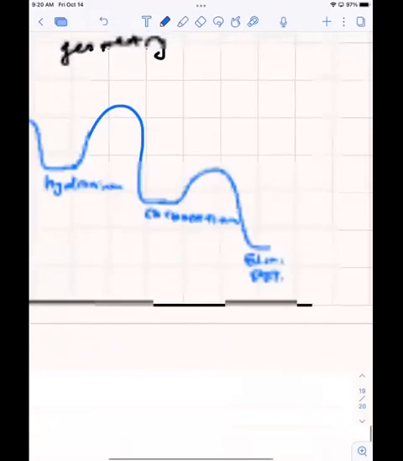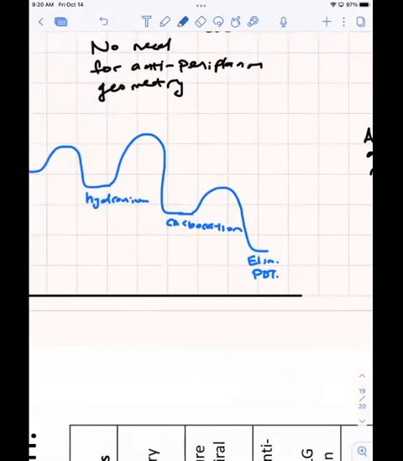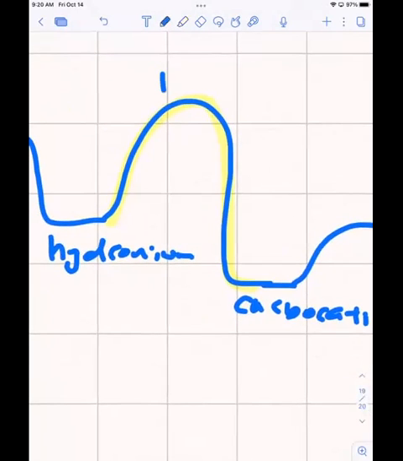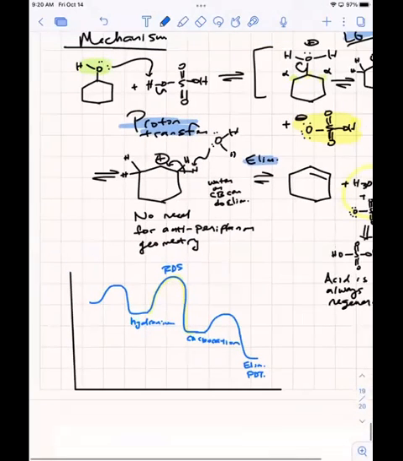Right? But this is going to be your rate determinant step, or the step with the highest activation energy, or the slowest step. All right. So for that rate determinant step, what does that transition state look like?